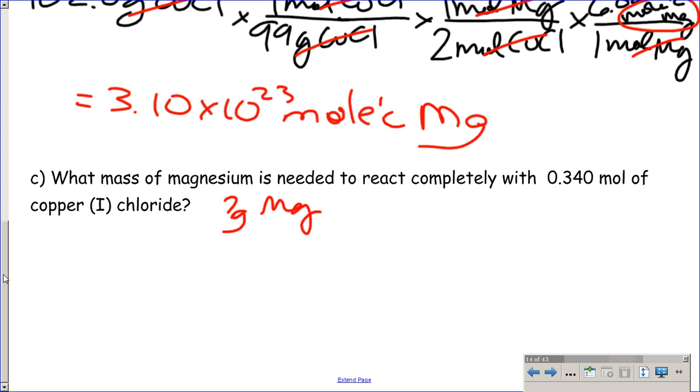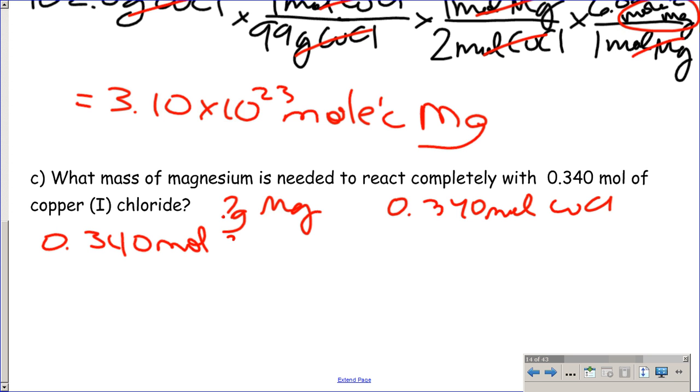Maybe. I don't know. Alright, so what mass of magnesium is needed to react completely with 0.340 moles of copper(I) chloride? What am I starting with? 0.340 moles of copper(I) chloride. Next.